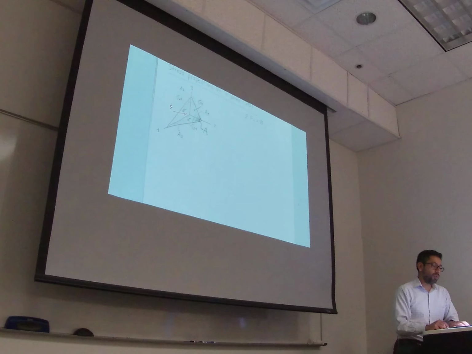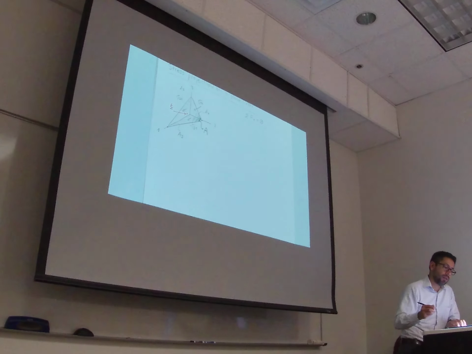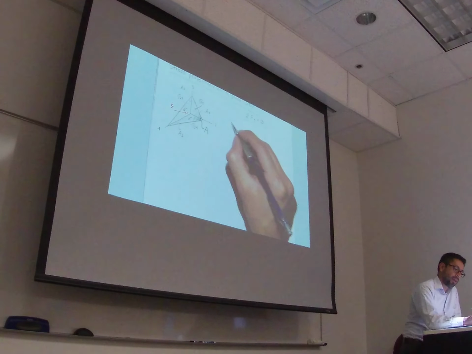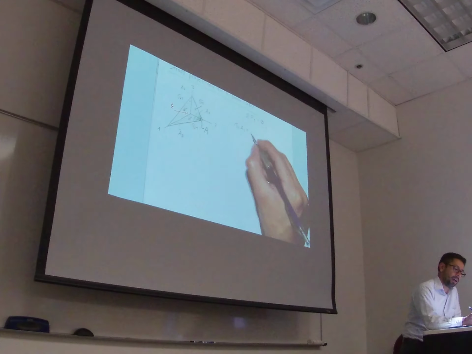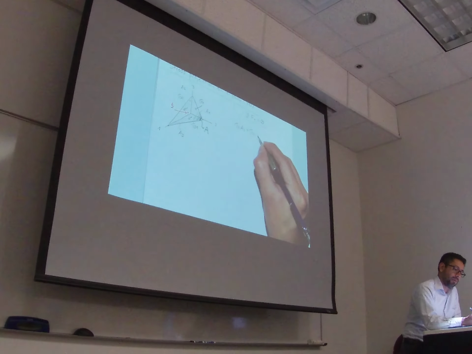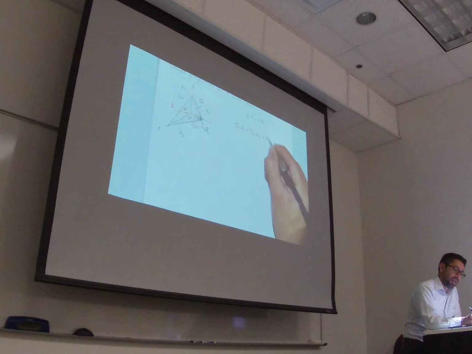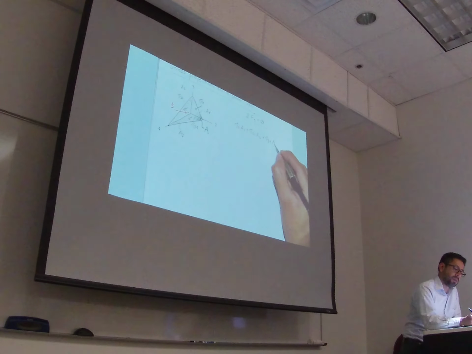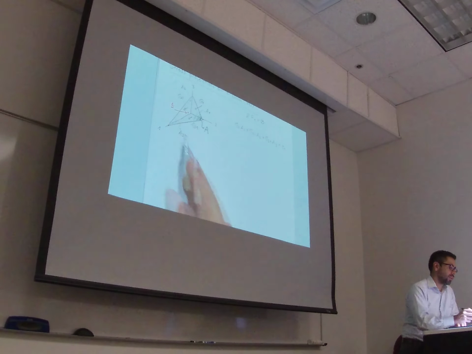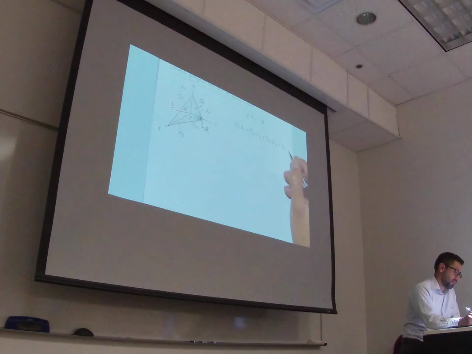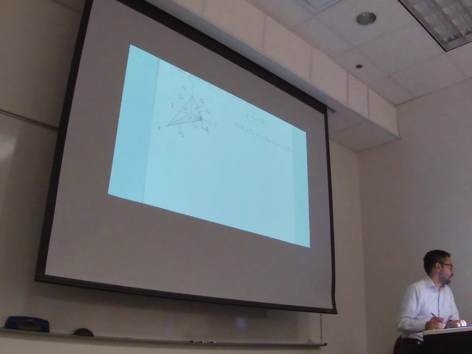One of them is going to be in direction 1, and it's going to be T1. So when I write the equilibrium equations, I will have that sigma 1,1 times area 1 plus sigma 2,1 times the area 2 plus sigma 3,1 times the area 3 has to be equal to the component T1 of this vector T times the area A.